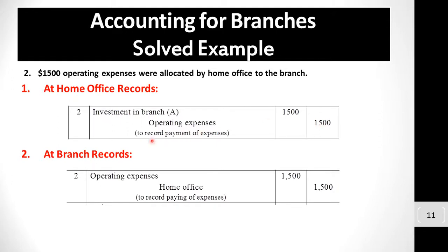This is to record the payment of expenses for the branch. At the branch records, we're gonna find that operating expenses will be in the debit, but who paid it? It was paid by the home office. So home office will be in the credit side.